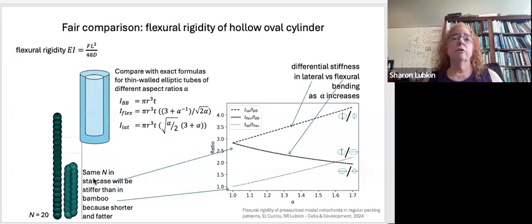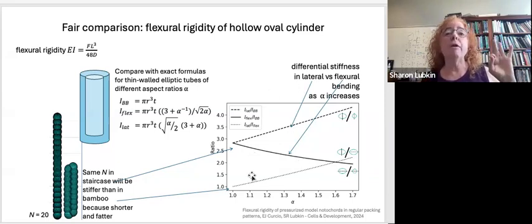And as you increase the aspect ratio, there's going to be a greater and greater difference in the stiffness in lateral bending versus dorsoventral bending. Naturally, the staircase is going to be stiffer than the bamboo for the equivalent number of cells and the equivalent mechanical inputs of the stiffness ratio and the pressure. But as we get greater eccentricity, greater aspect ratios, we see a greater difference in the stiffness in the two directions.